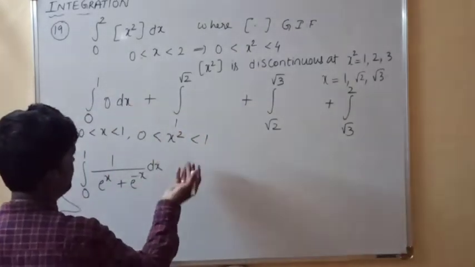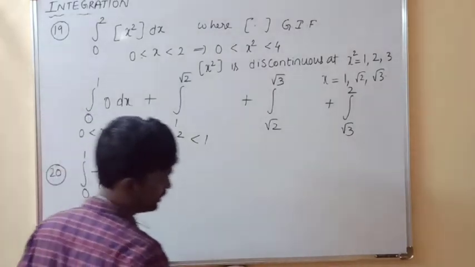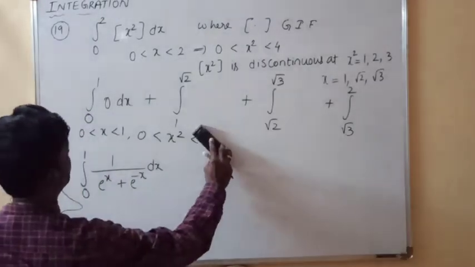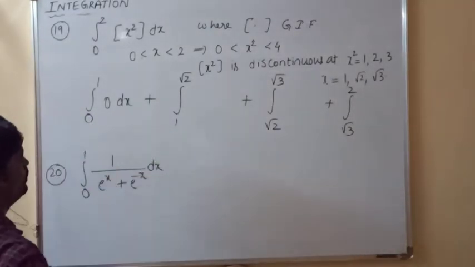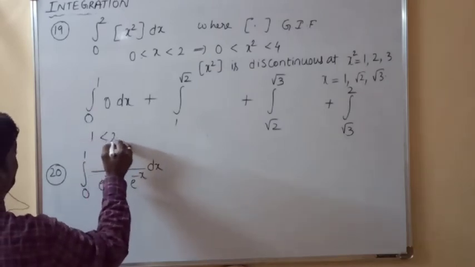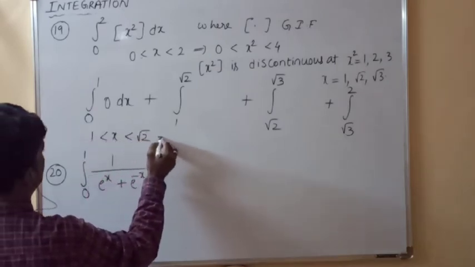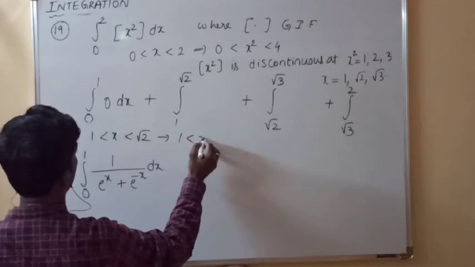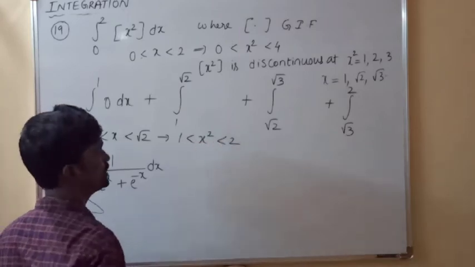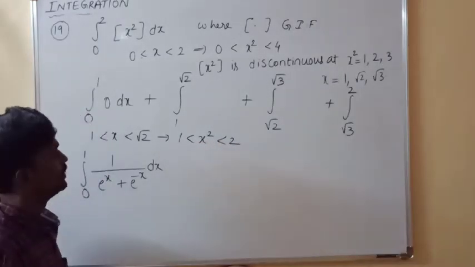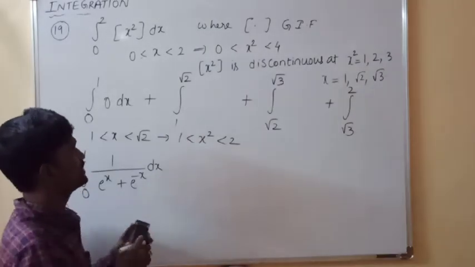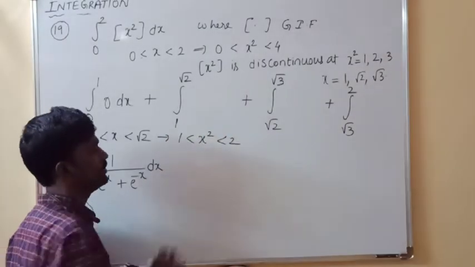Next, the second integral. What is the interval? 1 and root 2. When x lies between 1 and root 2, then x square lies between 1 and 2, squaring.